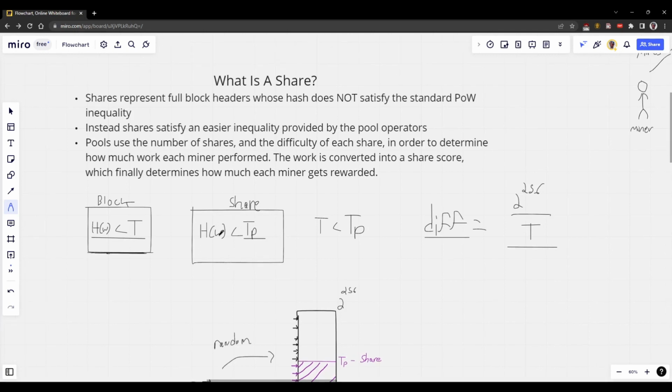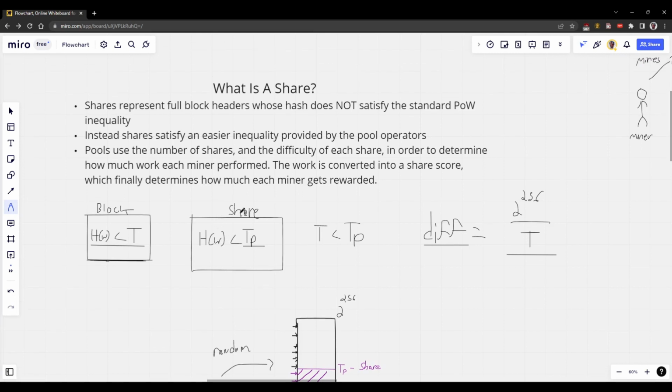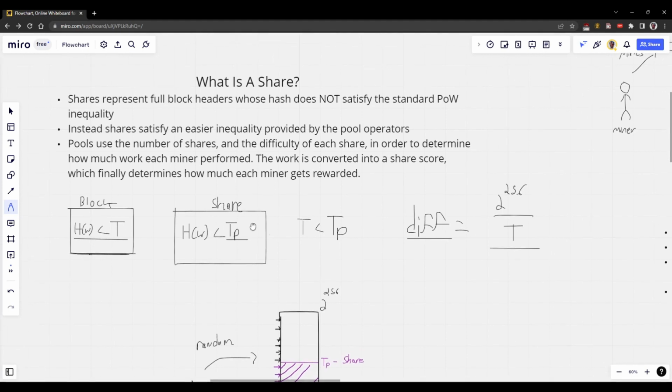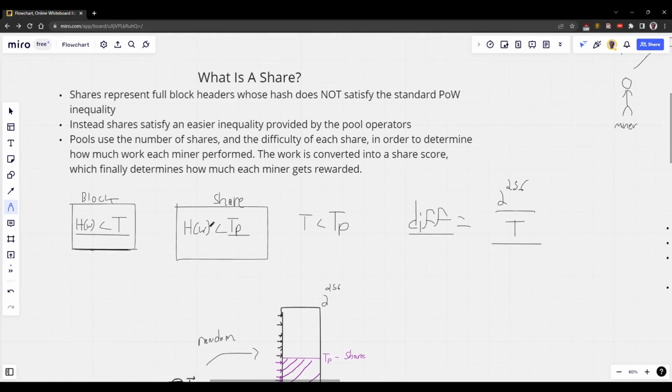A hash being below this pool target is essentially what represents a share. In general, this pool target is an easier inequality to solve compared to the block inequality, so you can see that T_P is greater than T. Usually for miners, we don't use the target representation.